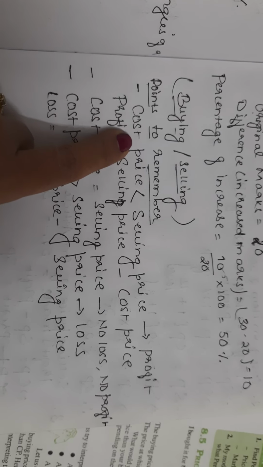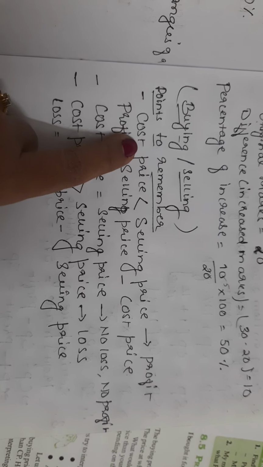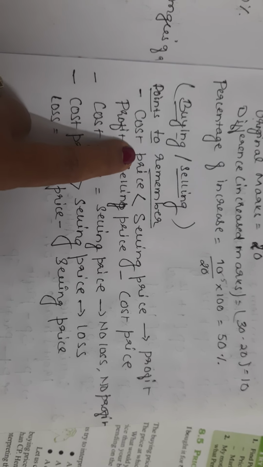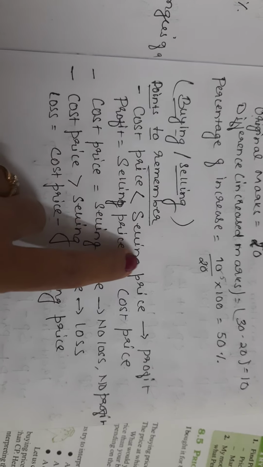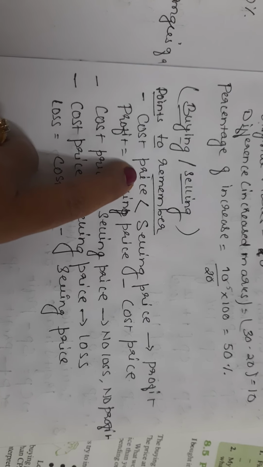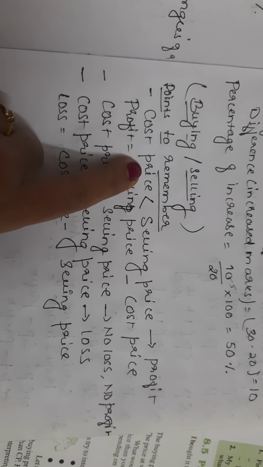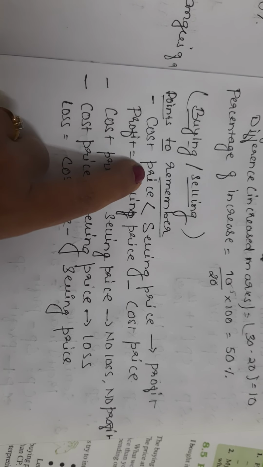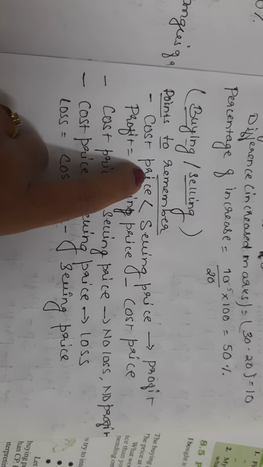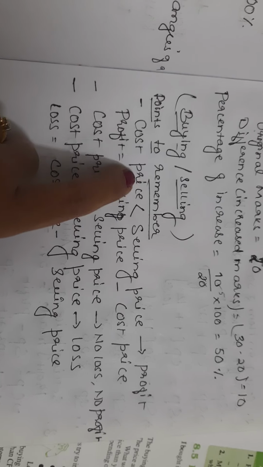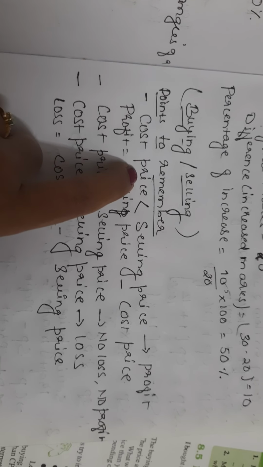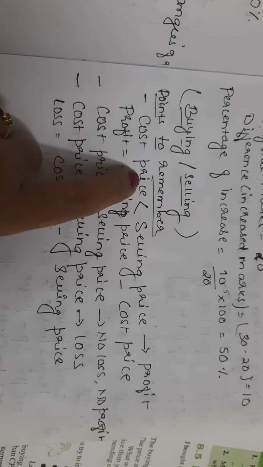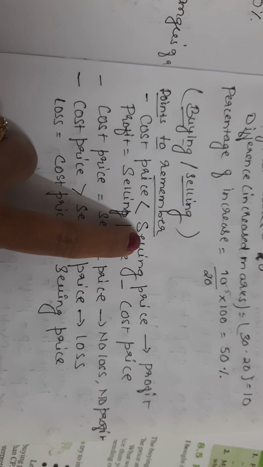If the cost price, that is the price at which you buy something, and the selling price, suppose you are a shopkeeper, right? You are not the customer. You are a shopkeeper. Suppose you have bought a book for rupees 90, and a customer comes to you.